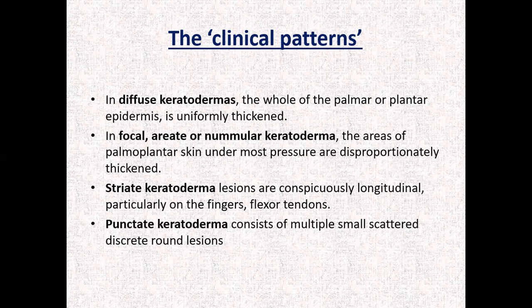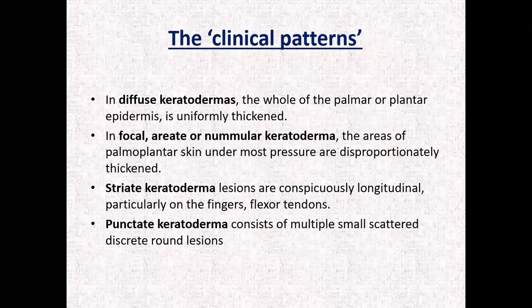Then there are striate keratodermas, in which the lesions are longitudinal and are seen particularly on the flexor aspects of the fingers and on the flexor tendon. Then there is another type called punctate keratodermas, characterized by multiple small scattered discrete lesions.